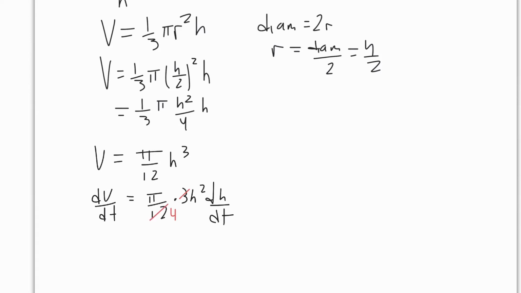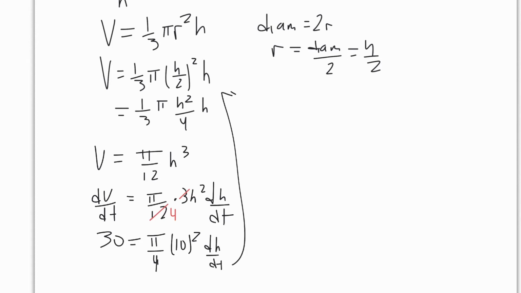And we can start plugging in what we know. Well, we know that the height is going to be 10. We know the dV/dt, so there's nothing actually extra to determine. We get 30 equals pi over 4 times 10 squared dh/dt. So dh/dt is equal to 30 divided by, well, 10 squared will be 100.